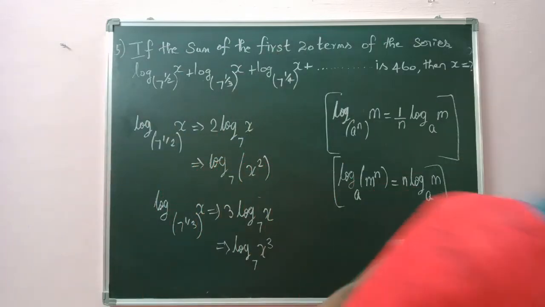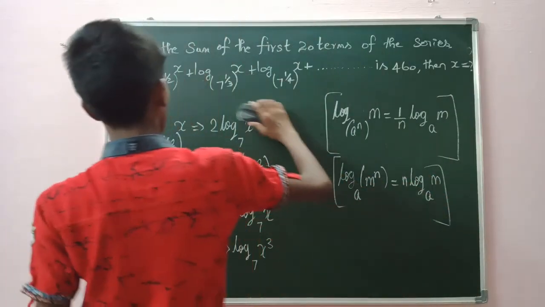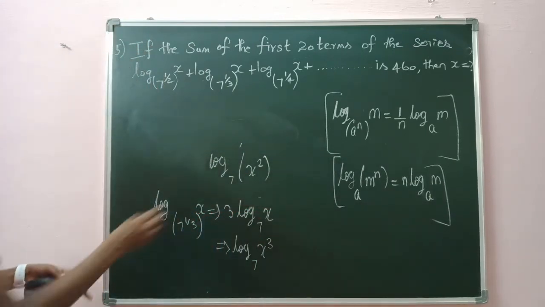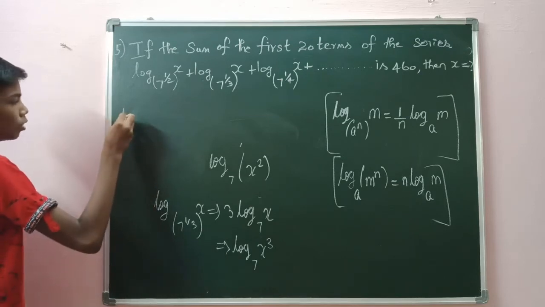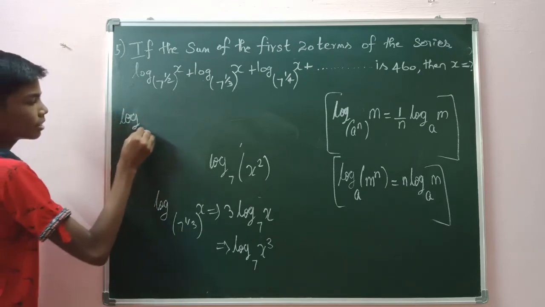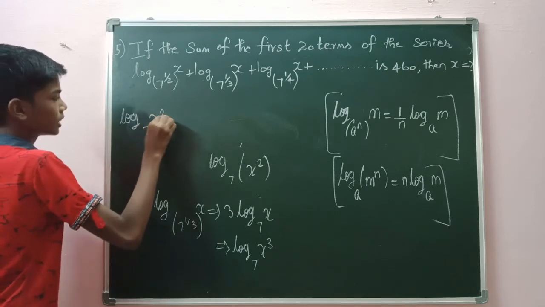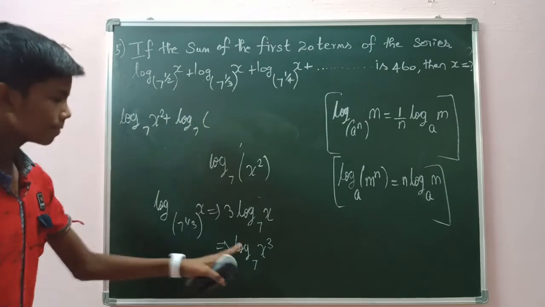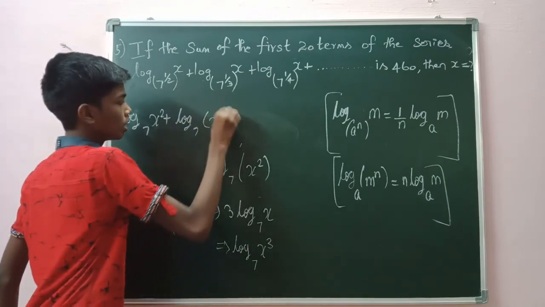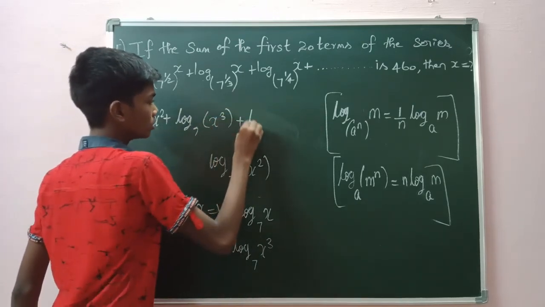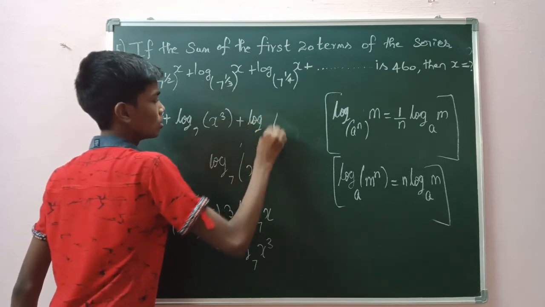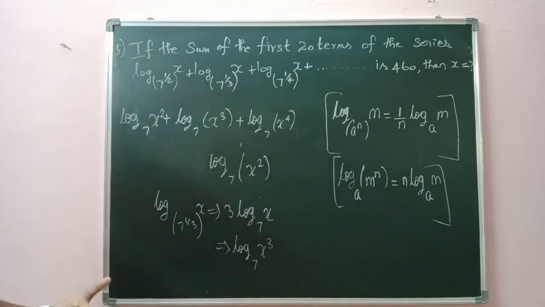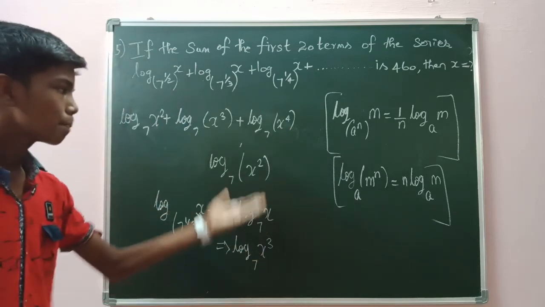This shows that your series is nothing but first term log to the base 7 of x square, second term log to the base 7 of x cube, and third term log to the base 7 of x power 4. You may ask how I know this is the third term. Very simple, guys, it follows the pattern.